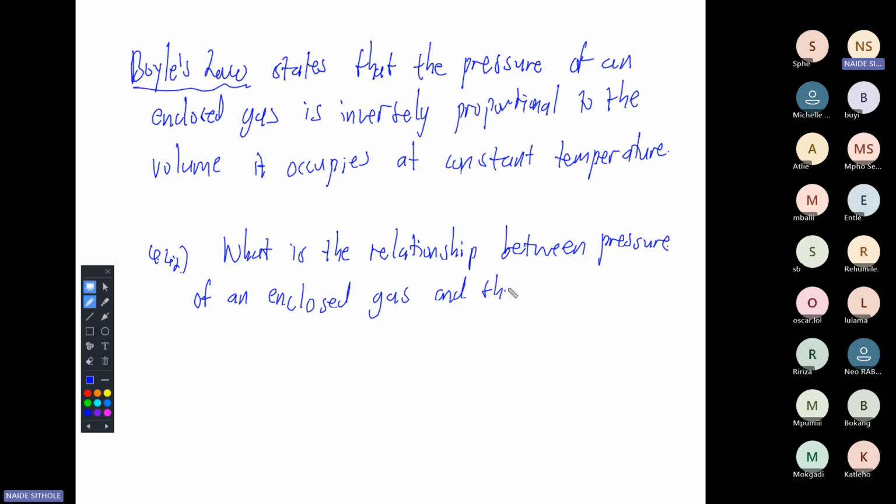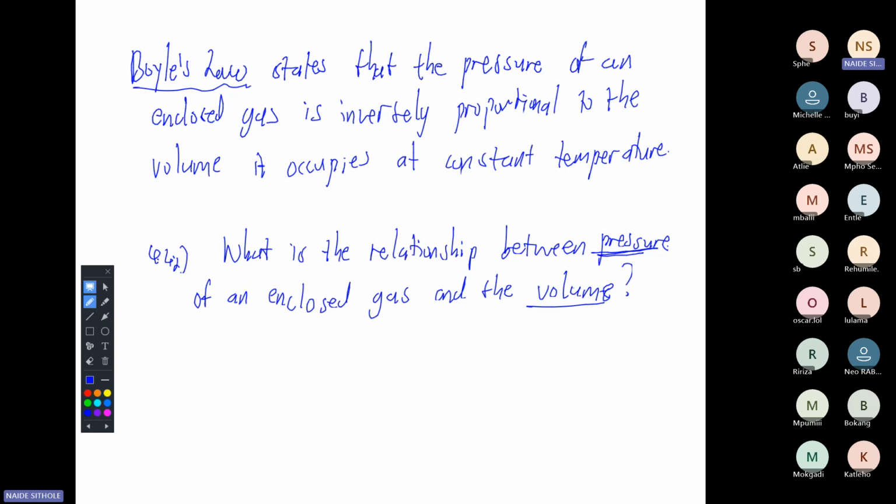Then put a question mark because it's a question. So now it should involve your dependent variable and your independent variable. So what is the relationship between pressure of an enclosed gas and the volume?